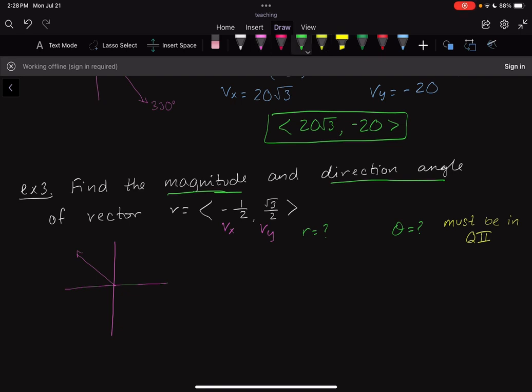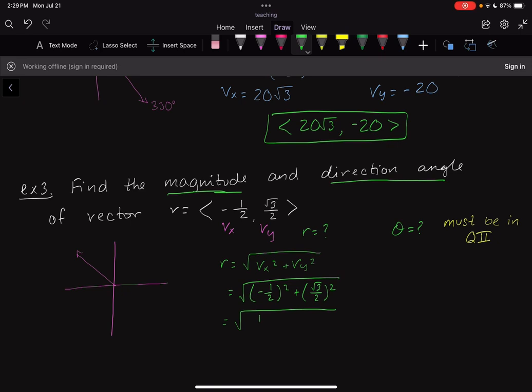So first let's go ahead and get my r. So r is the square root of Vx squared plus Vy squared. Just the same pretty much Pythagorean theorem that we've always done. So I'm going to have negative 1 over 2 squared plus square root 3 over 2 squared, and then I'll take the square root.